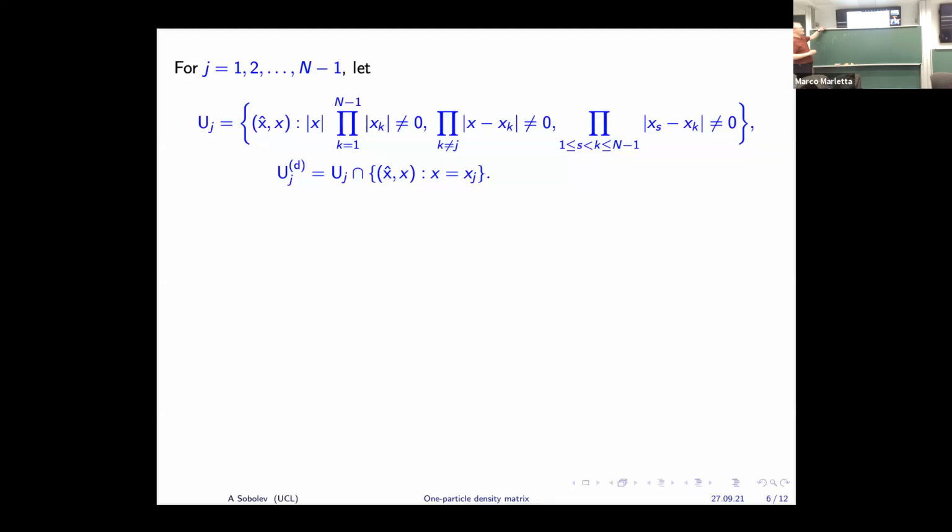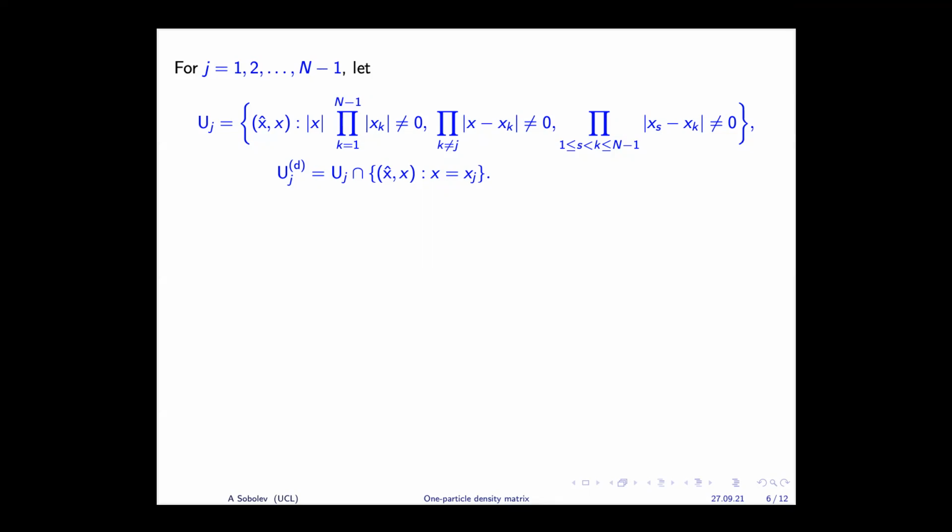That's the idea. And this is the set in the space of dimension 3n-3 where x indeed coincides with xj. This is when they hit each other and just merge. I call it Uj diagonal.